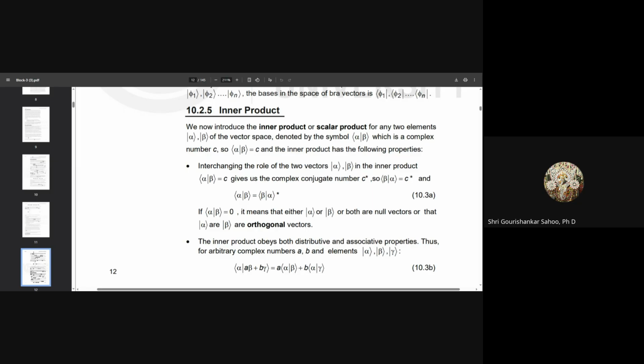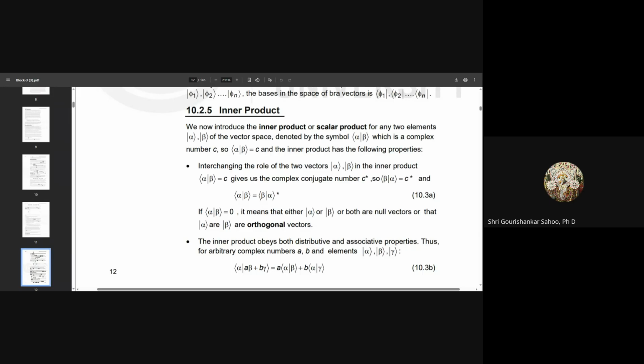So alpha and beta placed in a bracket is a complex number C. So you can have alpha beta in bracket equal to C, and the inner product has the following properties: interchanging the roles of the two vectors alpha and beta in the inner product, if alpha beta is equal to C, gives us the complex conjugate number C star.